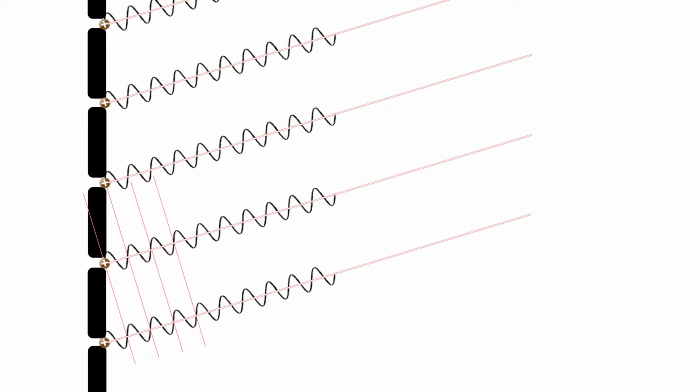And that looks like this. At this point, every slit is one wavelength behind the one below it. So we start to get again a wavefront of constructive interference when we reach this angle.